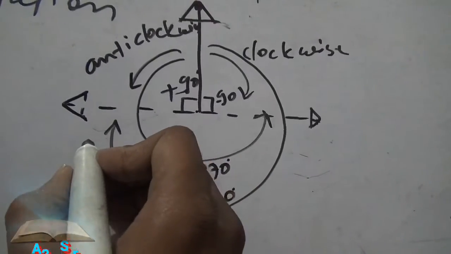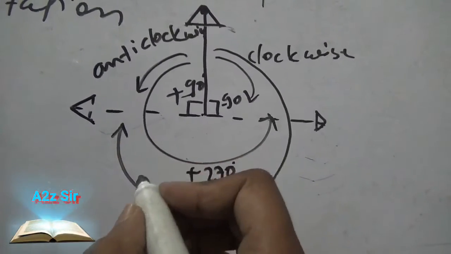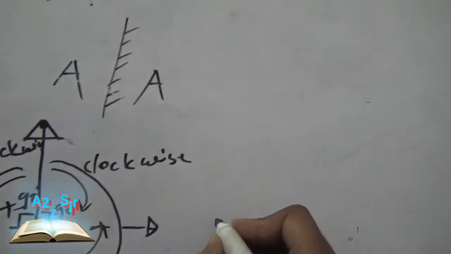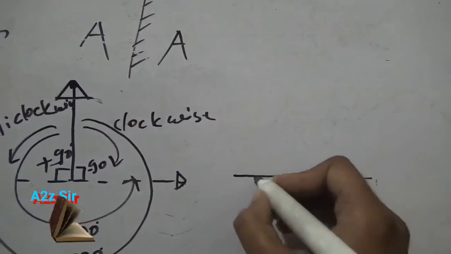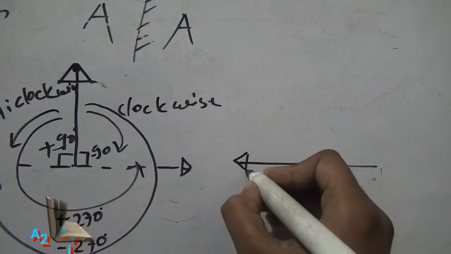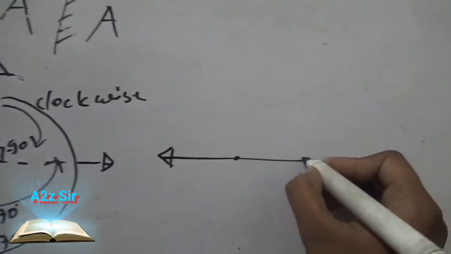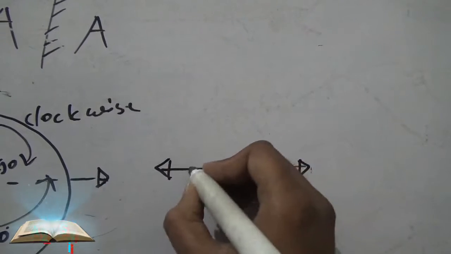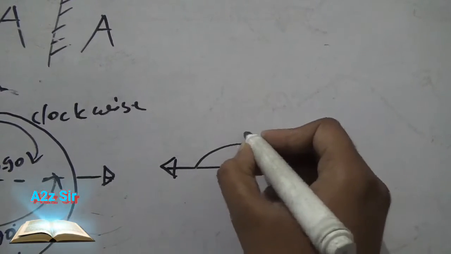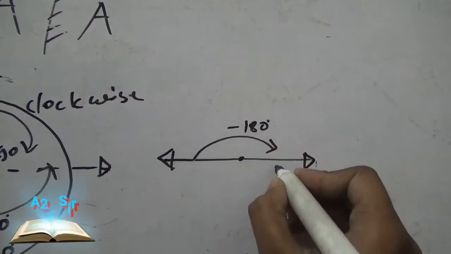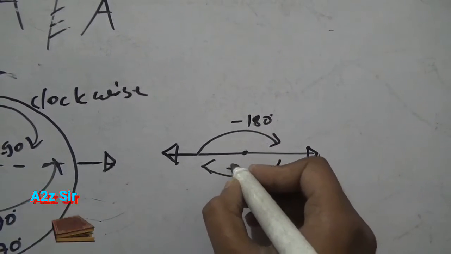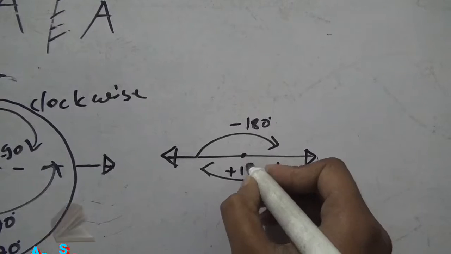And another one is straightforward. First one is 90 degree or 180 degree, positive or negative. Suppose this one is clockwise, minus 180 degree, and this becomes plus 180 degree.